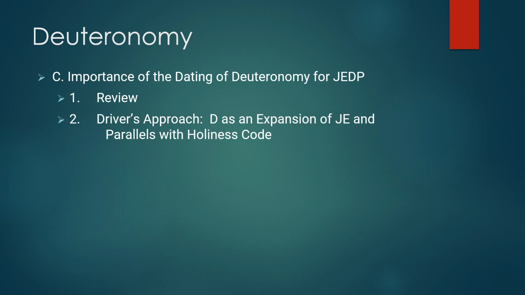The theory is based on the assumption that there is an evolutionary development of Israel's religious ideas. That's the assumption behind the theory. It's really the starting point. You assume that Israel's religious institution and practices and ideas developed in an evolutionary pattern, and then you arrange the material in a way that reflects that assumed growth or development.